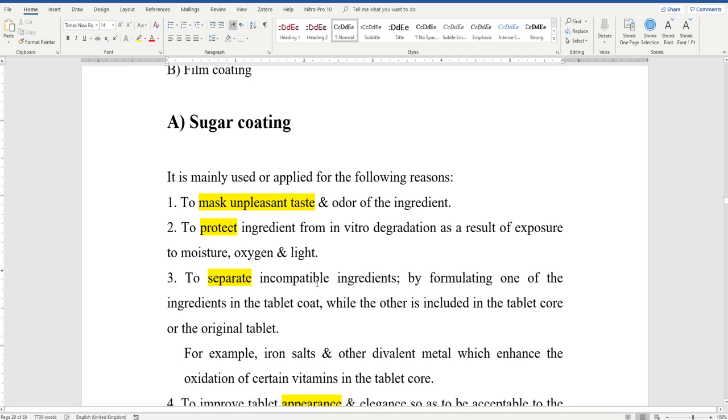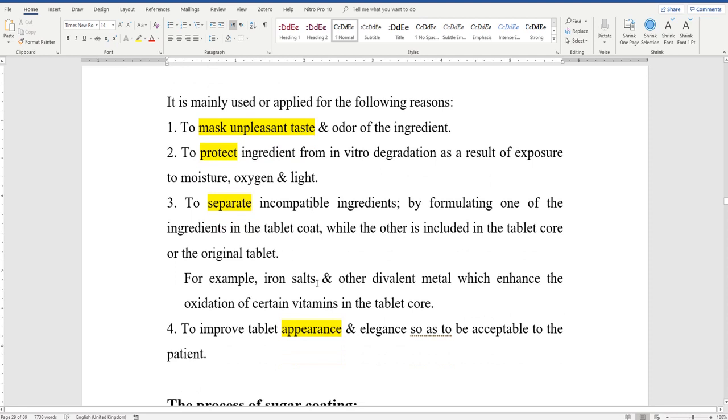So one ingredient will be in the outer coating, the other ingredient will be in the tablet which is being coated. An example of incompatible ingredients are the iron salts and other divalent metals, which we can put in the coat while we put, for example, the vitamins in the core of the tablet itself, rather than mixing them with the salts.